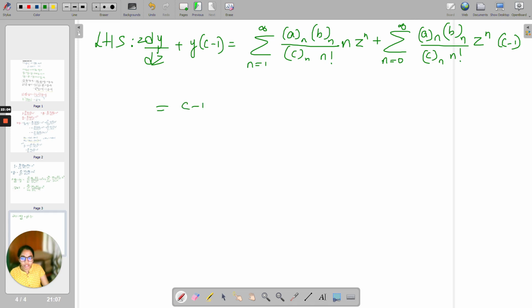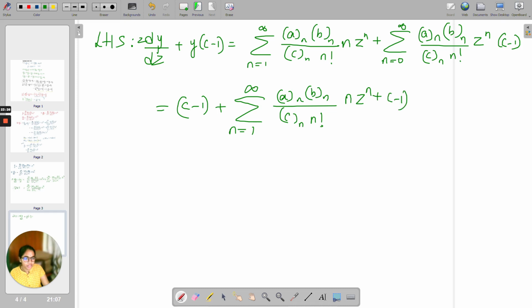So I'm taking one term out, that would be c minus 1 plus n equals 1 to infinity a_n b_n divided by c_n n factorial into n z power n plus c minus 1 summation n equals 1 to infinity a_n b_n divided by c_n n factorial into z power n.